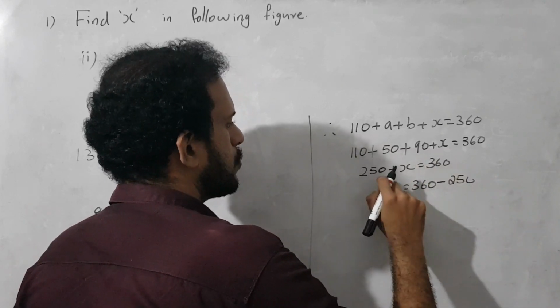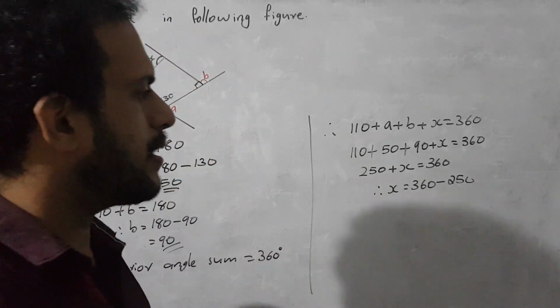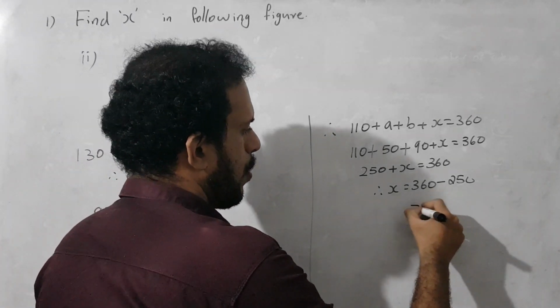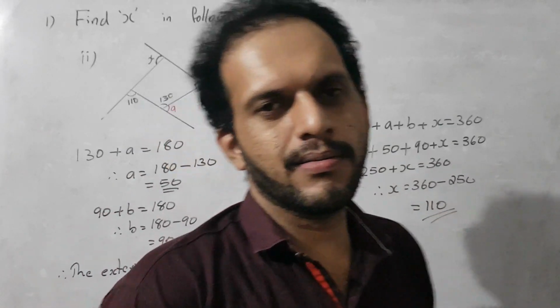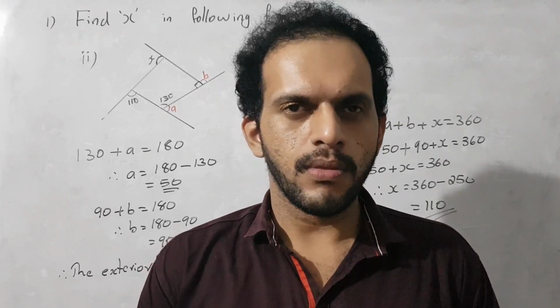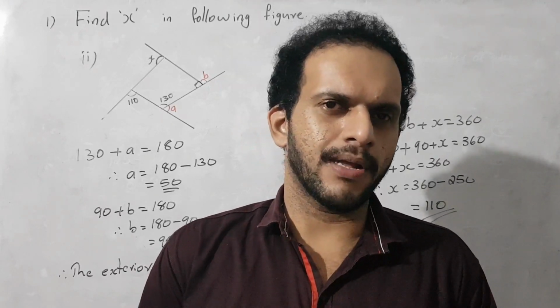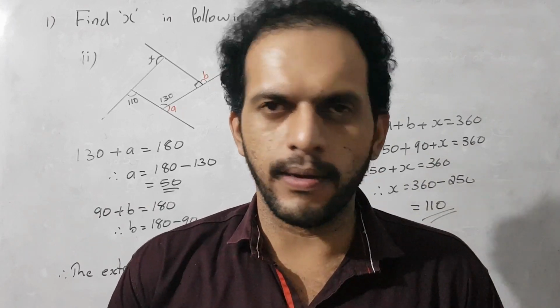We transpose plus 250 to the RHS, so 360 minus 250 is equal to 110. So we get the same answer here also. The x value is equal to 110. Okay, this is the direct application of the exterior angle sum of a polygon.